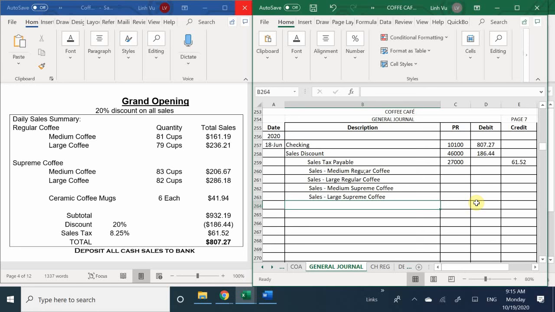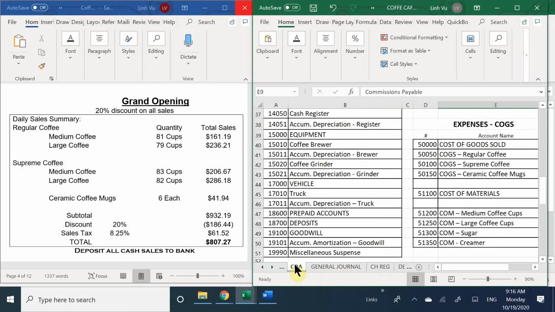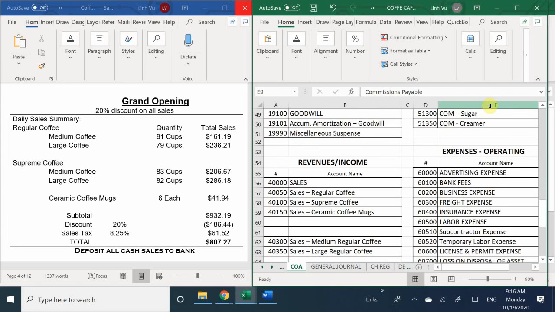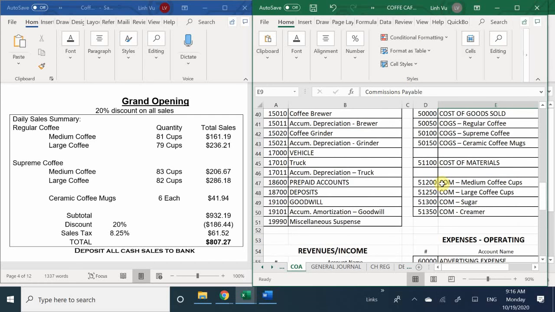Check in your chart of accounts. Sales ceramic coffee mugs. Whatever's in your chart of accounts, remember, you can't just make up whatever title you want. Whatever you designated in your chart of accounts needs to reflect it.